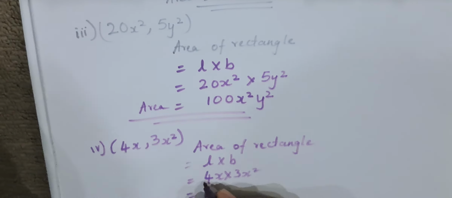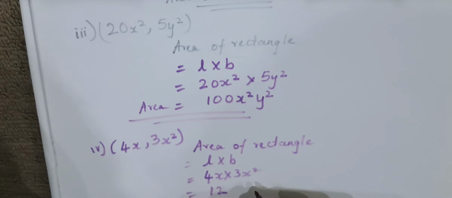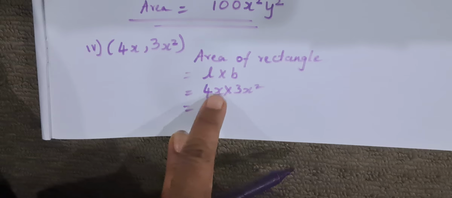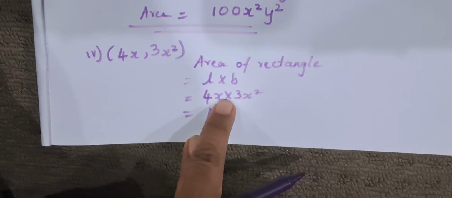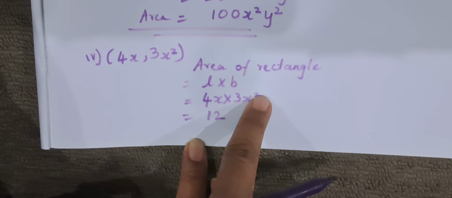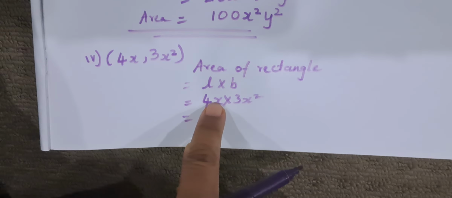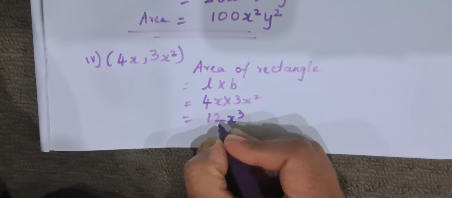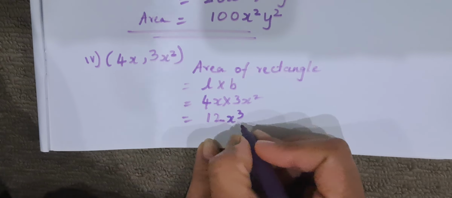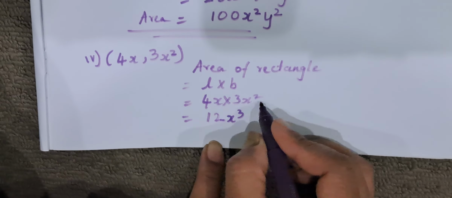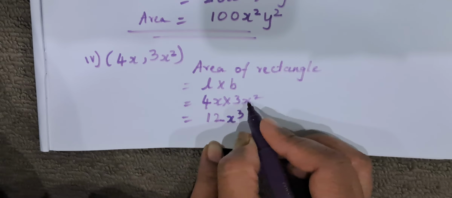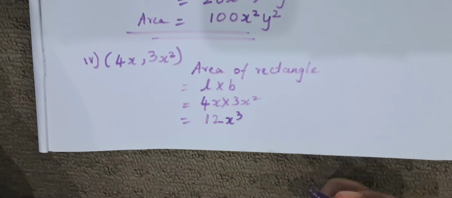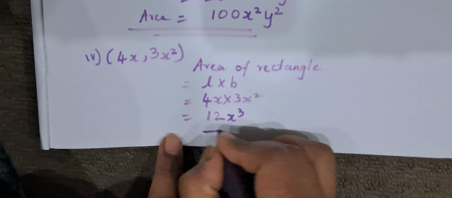Now here, 4 times 3 is 12. x into x square. x means what? x to the power 1. x square means x to the power 2. Now what happens? The powers get added. So it becomes x to the power 3. 12x cube. When the terms are multiplied, the powers get added. So x into x square becomes x cube. This is the answer for the fourth one.